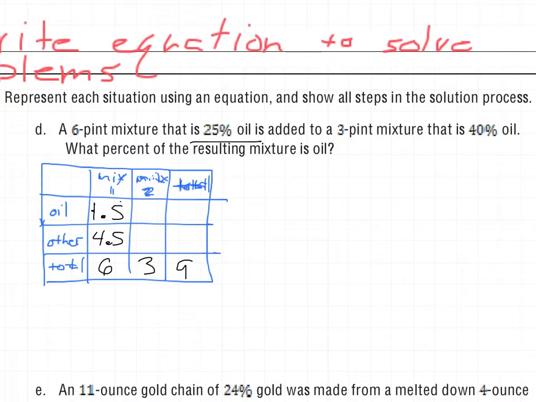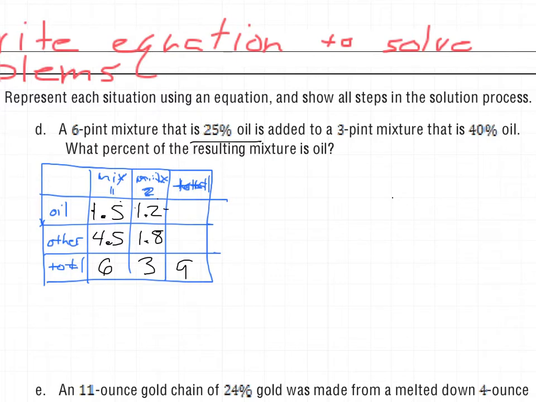The next one is going to be 0.4 times 3, 40% of the 3 pints. That's going to give me 1.2, which means 1.8 is going to be the other stuff.